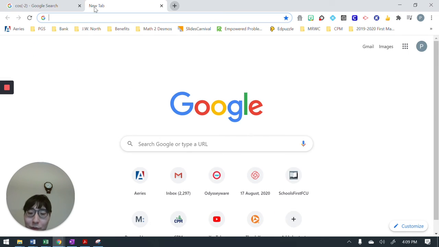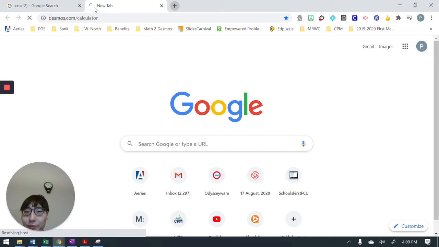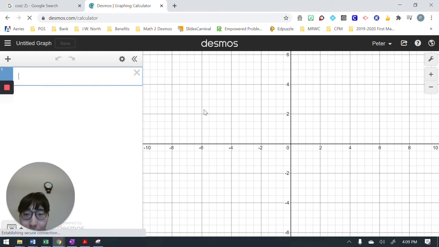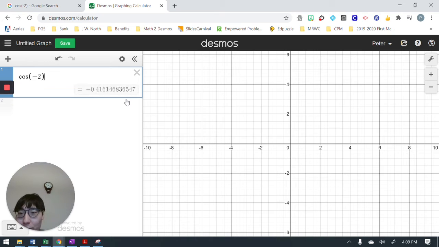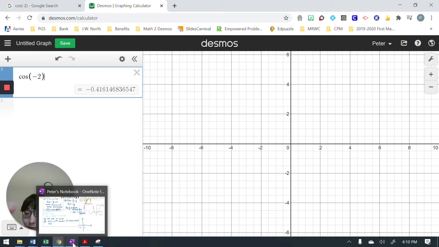If you use decimals, you can just do it like this: cosine of -2. Do you see the value they give you? That'd be -0.4161. So right now, it's time to get used to radian measure instead of degrees.